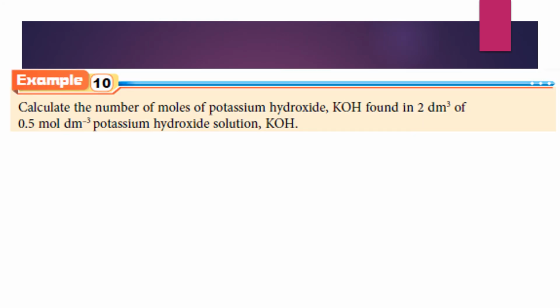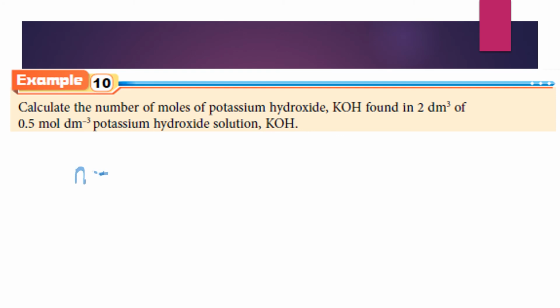Okay, so let's say we want to use the formula just now. Calculate the number of mole of potassium hydroxide found in 2 decimeter cube of 0.5 mole per decimeter cube potassium hydroxide solution.